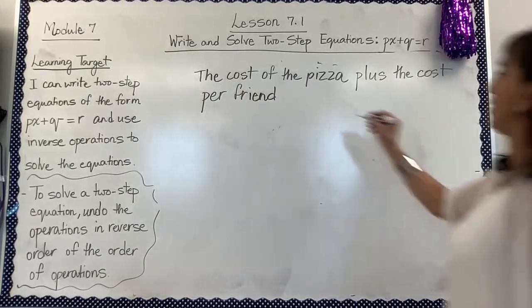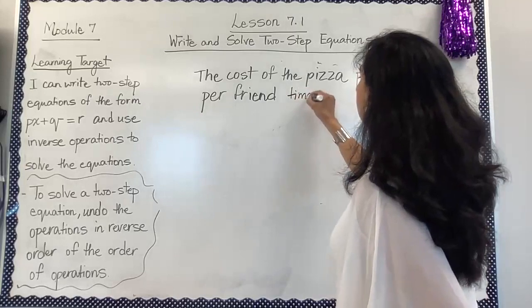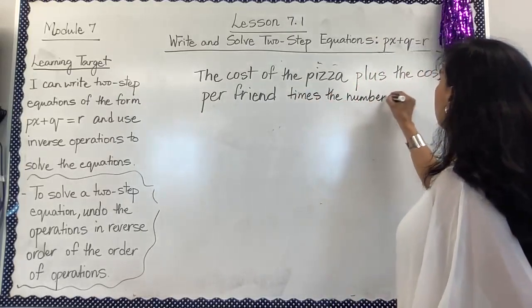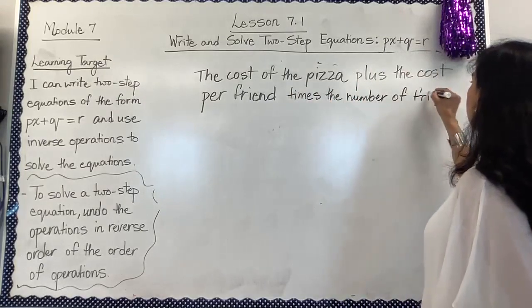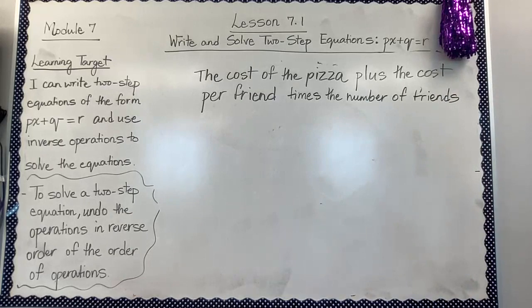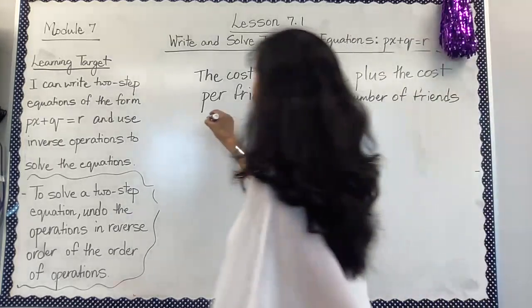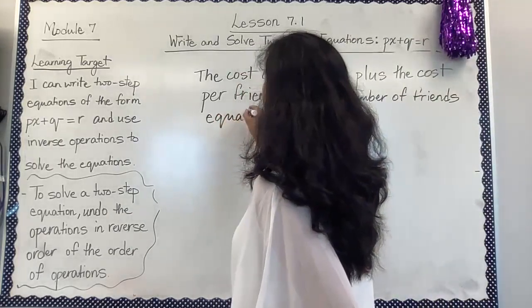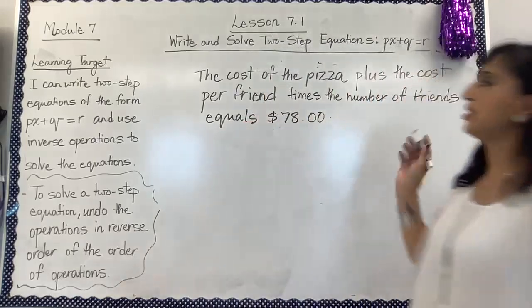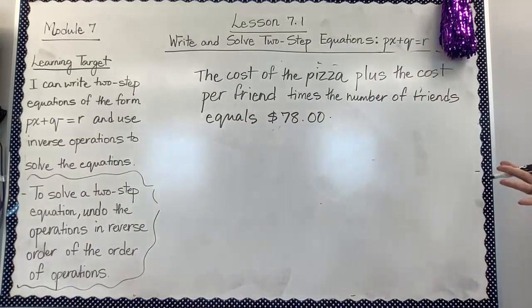Times the number of friends equals $78. So this is just the word format of what the question is asking, okay?